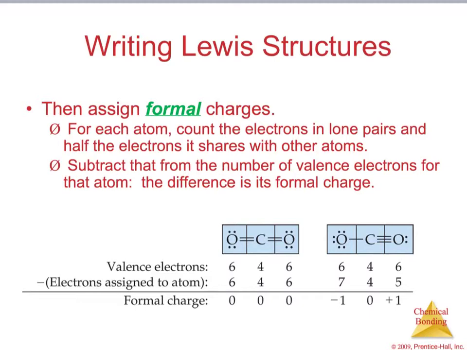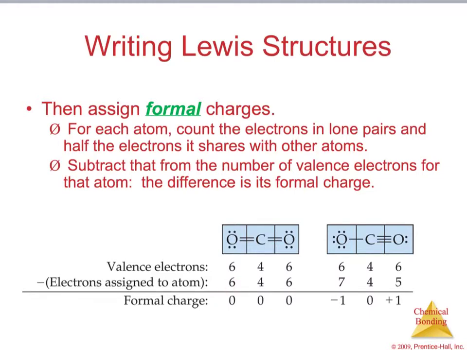So I see that I have 2, 4 in my lone pairs, and then I have 2 pairs in each bond here, which would technically give me 4 electrons, but I'm going to take half of that. So I'm going to go 2, 4, and then half of 4, which would be 2, which is going to give me another 6.